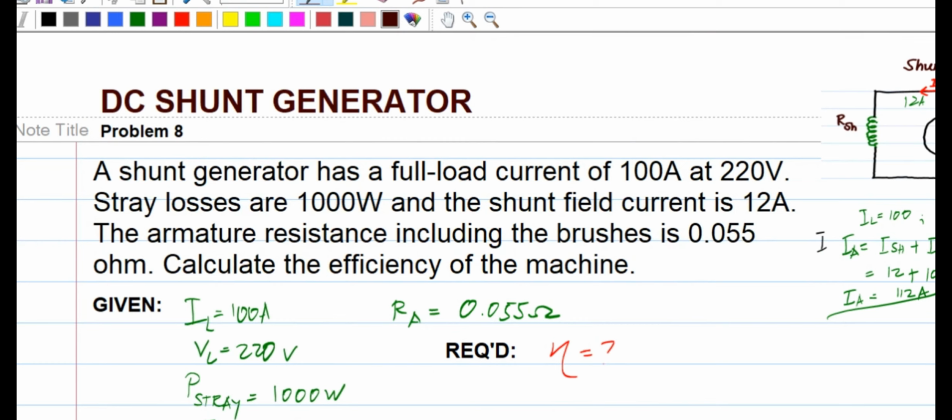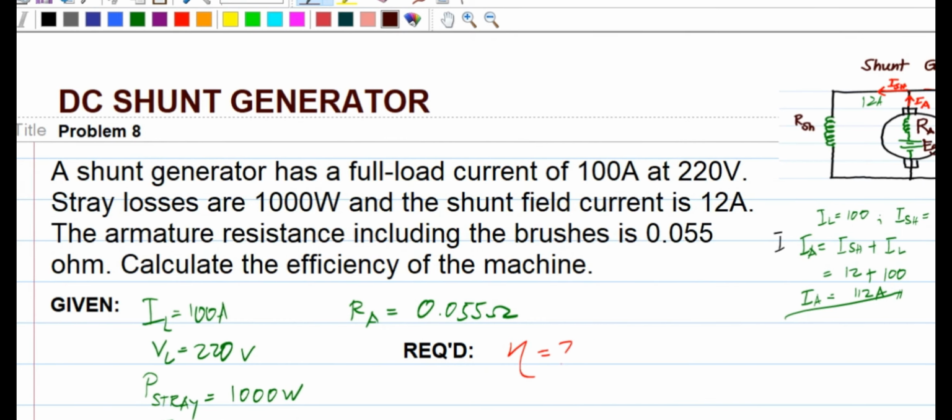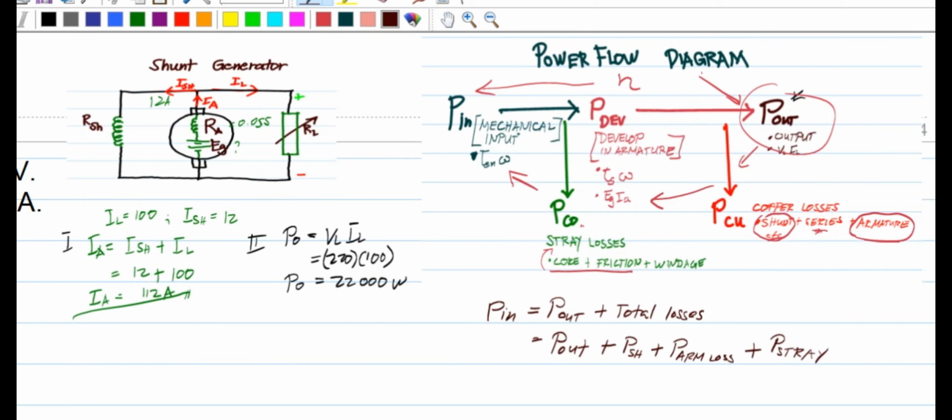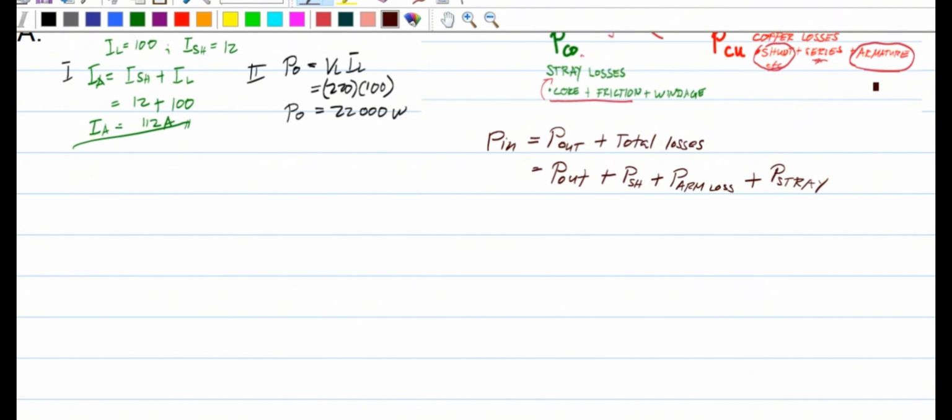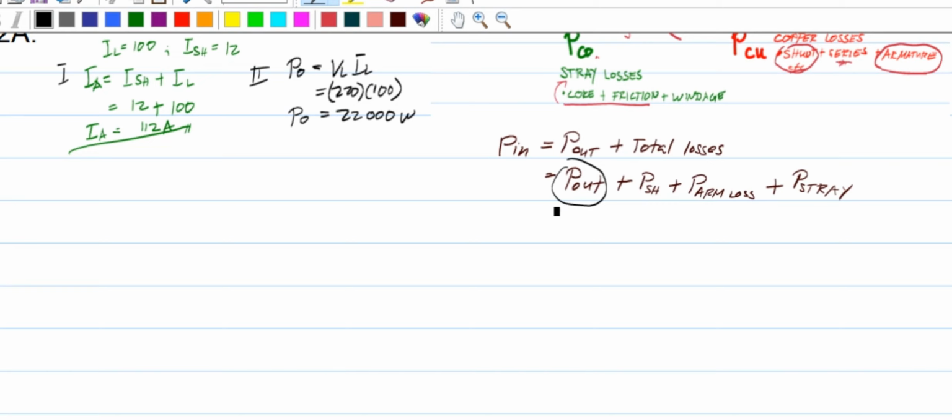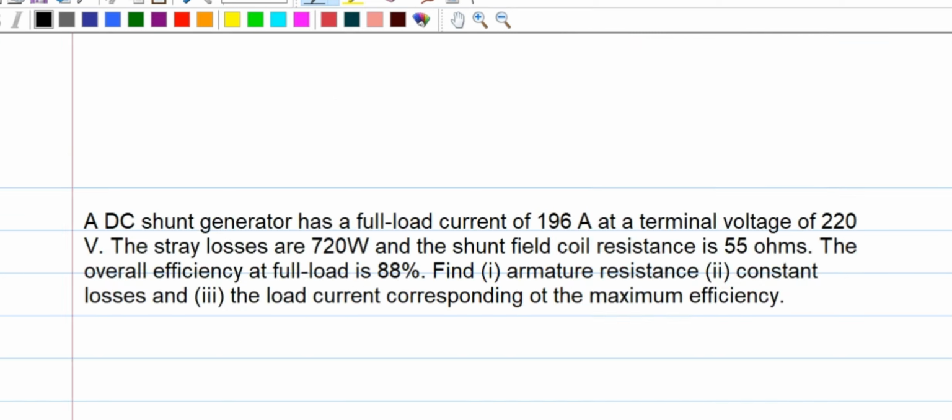Therefore, in step 3, we already found the power output. What's missing is the shunt loss and the armature loss. The stray loss is already given.